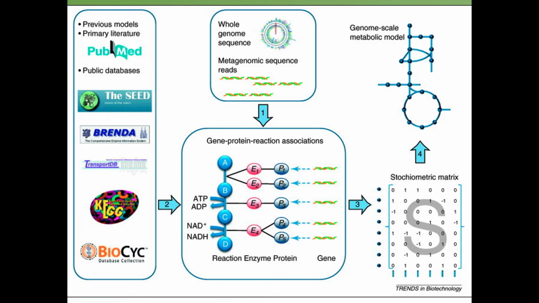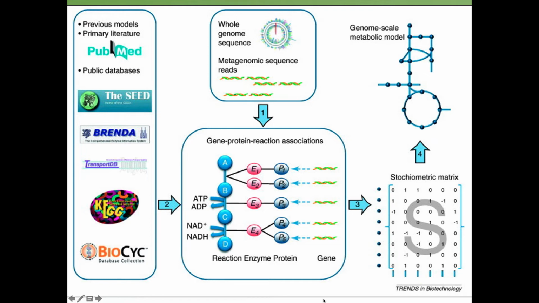So if we think of what this process actually looks like, you have to take a whole lot of already established data and translate that into all of the gene-protein reaction associations and reactions that we would expect to see. So we have all of the protein reactions here. We've got our network, we've got the enzymes, we've got the proteins that go into them, and the genes that create them.